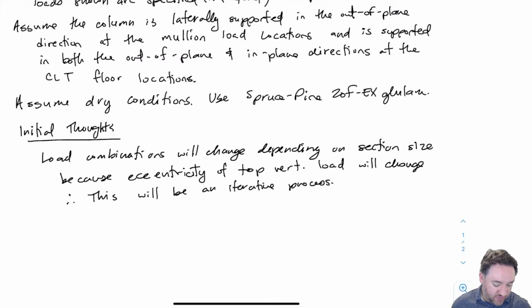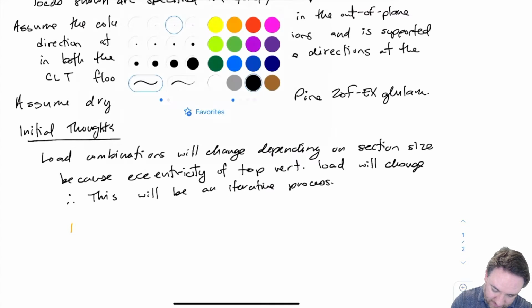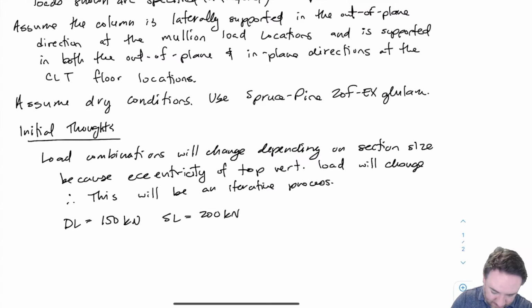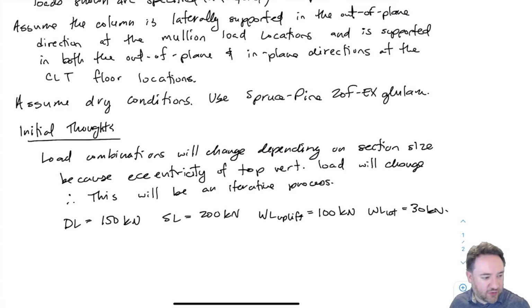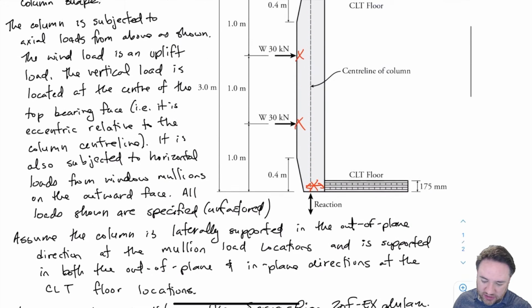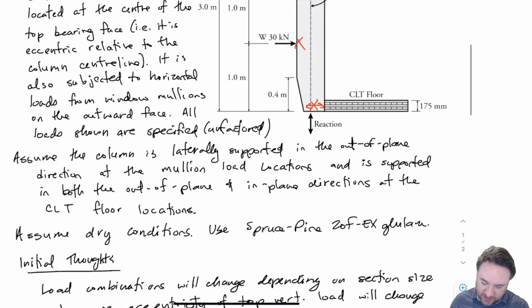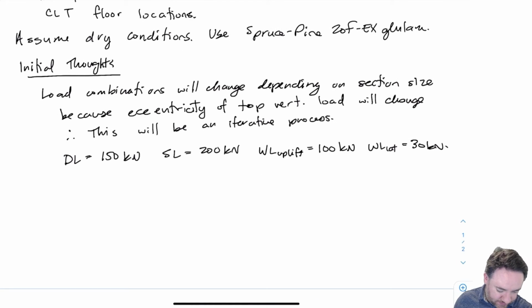So first of all, we're going to have to get some idea of what the loading is going to look like so that we can pick some kind of rough idea of a section size. So these are the loads. If you recall, we got a dead load, snow load, we have a wind uplift, which is the vertical load, and we have the lateral wind load, which is 30 kilonewtons at each window mullion location.